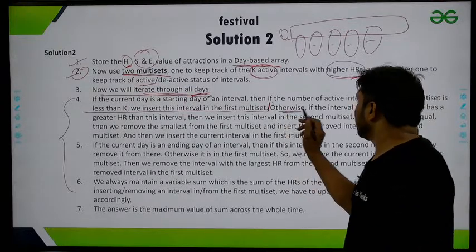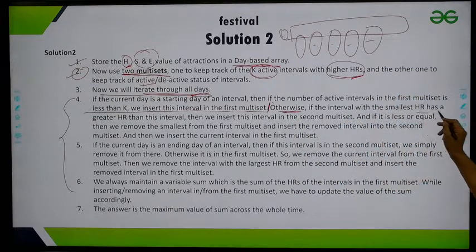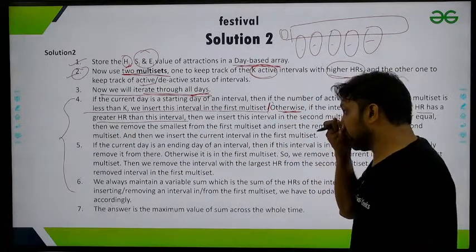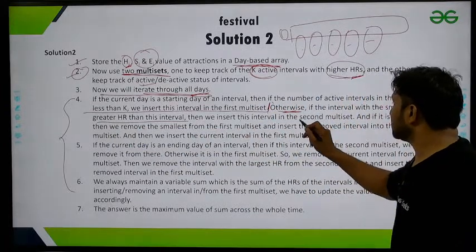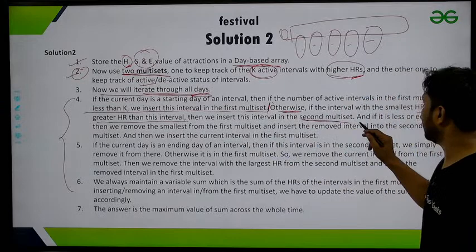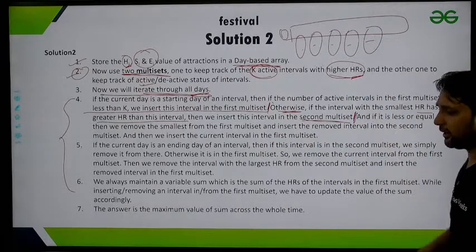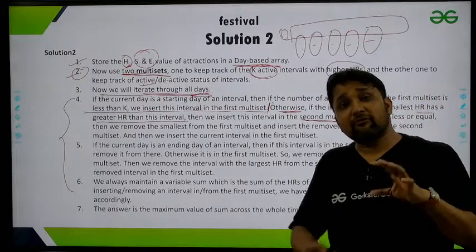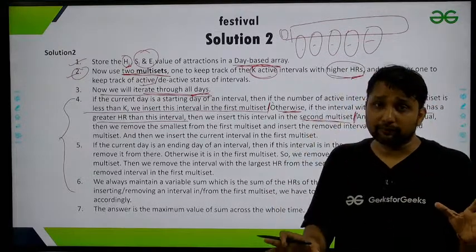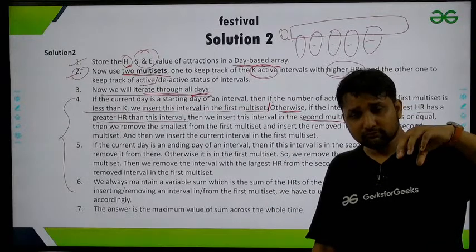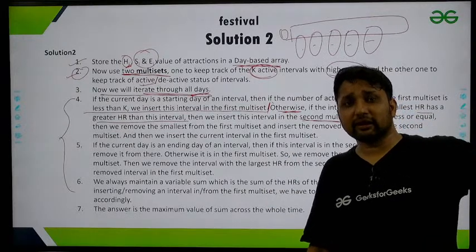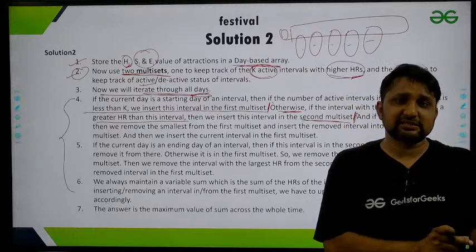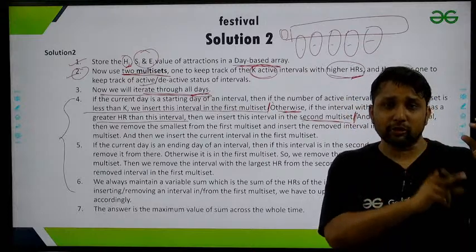But otherwise, if the interval with the smallest HR has a greater HR than the interval, then we will insert this interval in the second multiset. What it is saying is, let's suppose our first multiset is full now, and you get another ride which has higher happiness than the ride available in your important set.